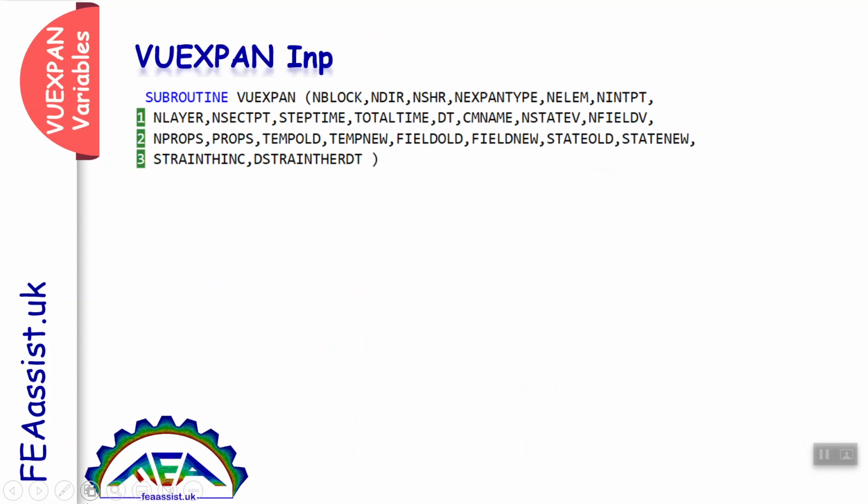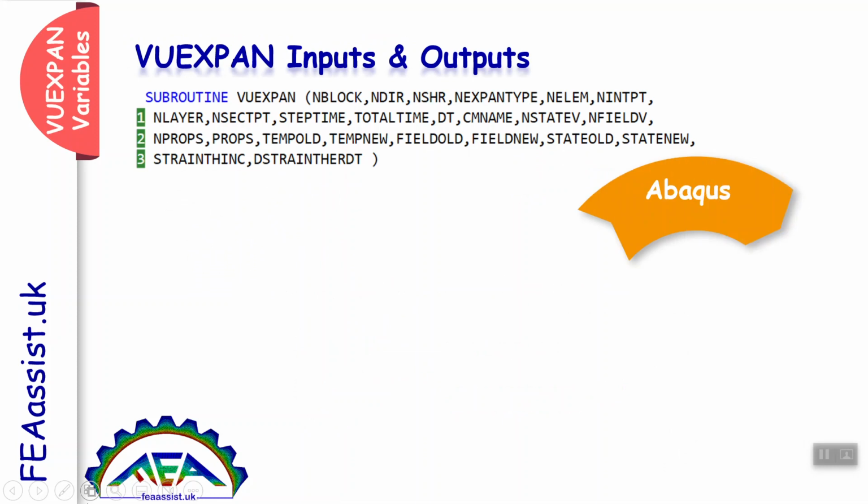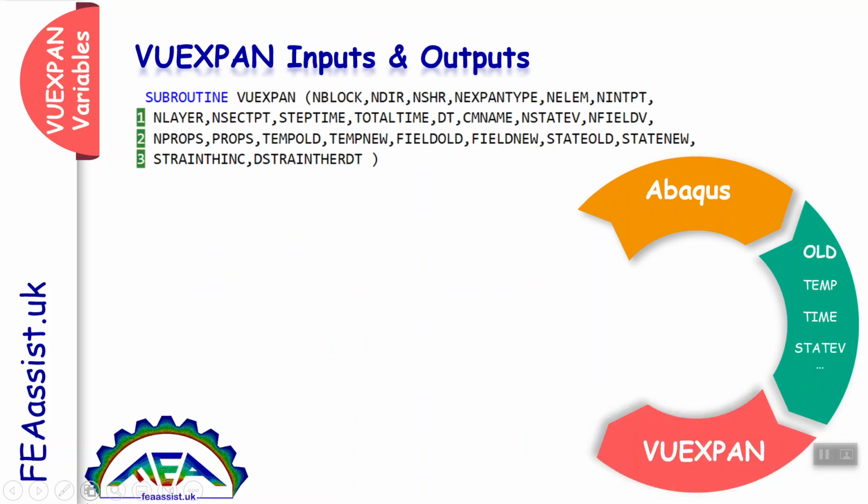VUXpand variables, VUXpand inputs and outputs. VUXpand has some inputs. We need to get those inputs, process them, and export new variables as outputs into Abaqus. In other words, Abaqus computes the temperature, time, and state variables, and transfers these variables as inputs into the VUXpand subroutine.